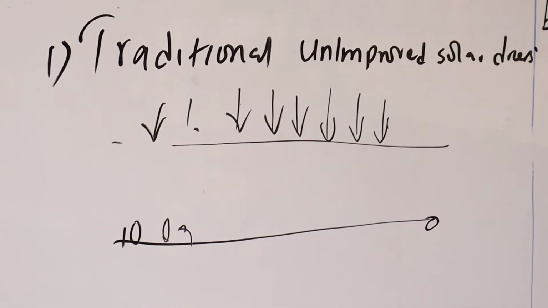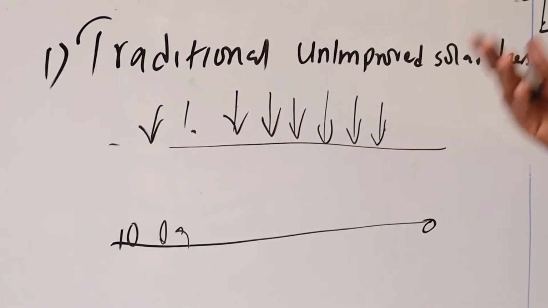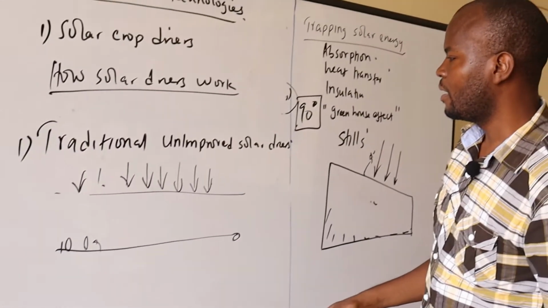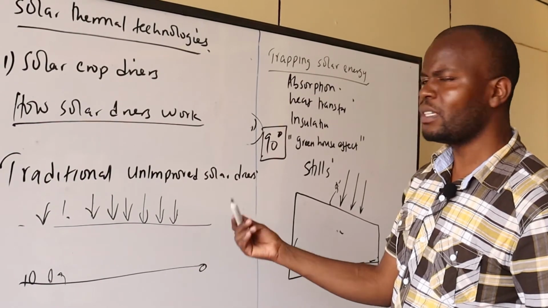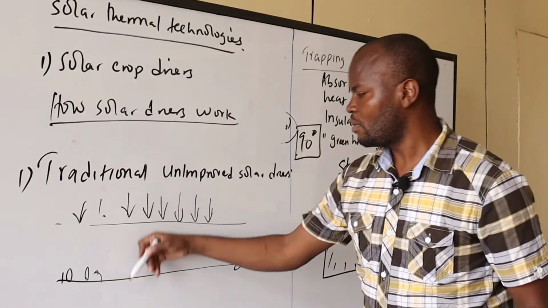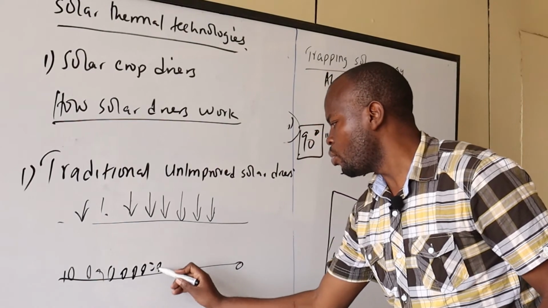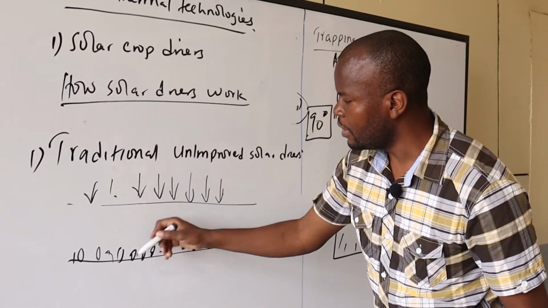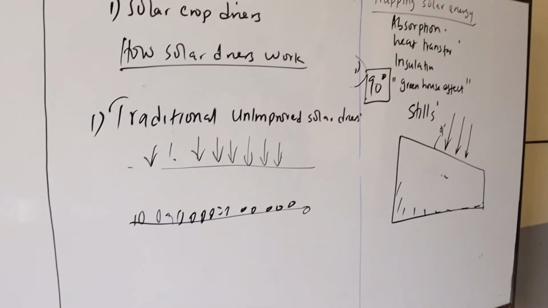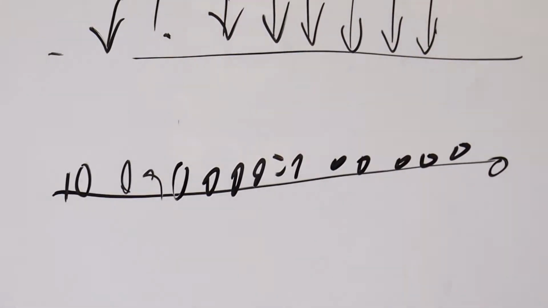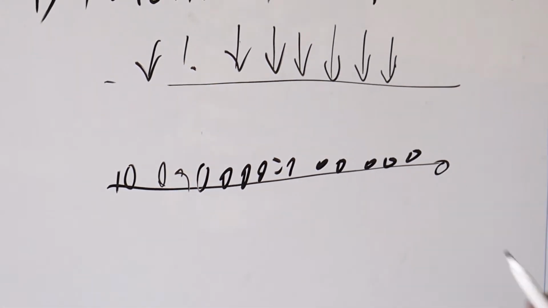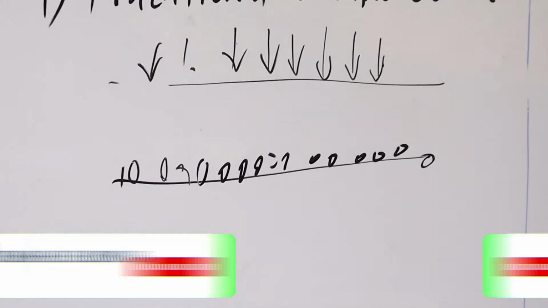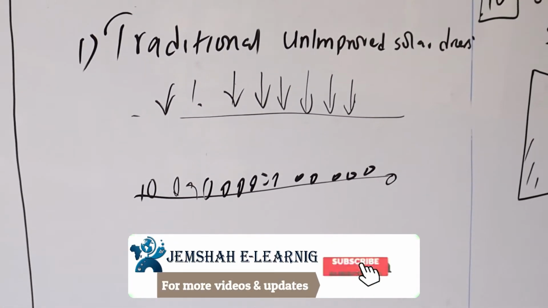Or some of us just put them on something like a tent, whereby you have your products. The products get heat directly from the sun, and because they are aerated, there is also the wind carrying away the moisture. So that is how we can talk about the traditional and improved solar dryers.